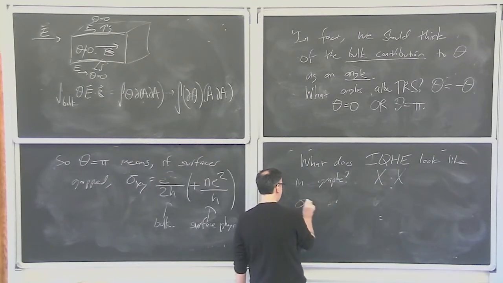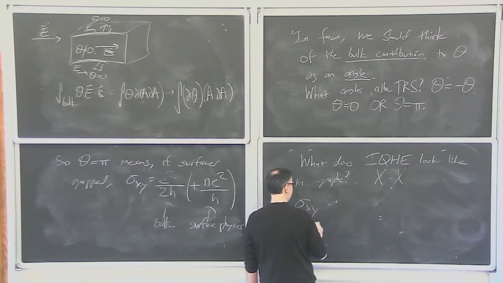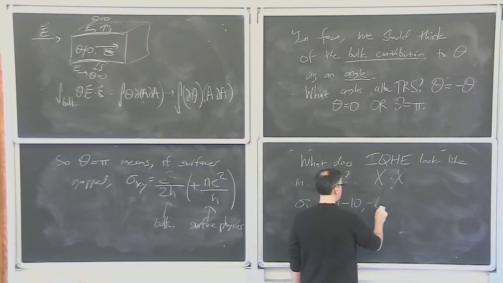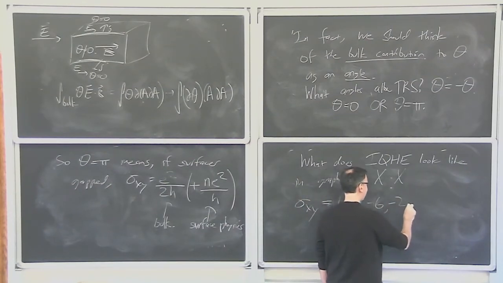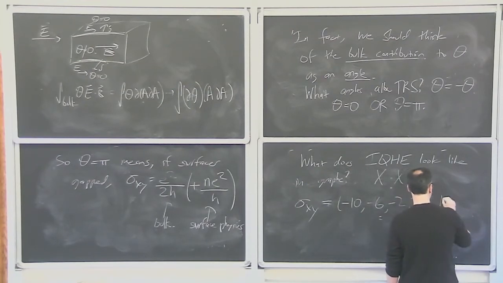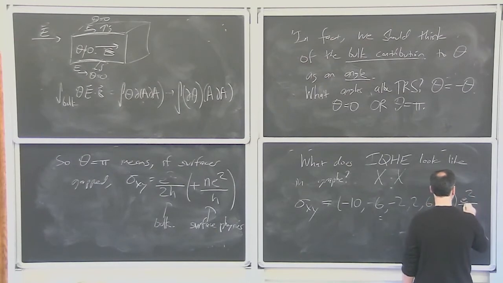And the answer is what you get is not 0, 1, 2, 3, 4 times e squared over h. At least if interactions are weak, you get something like this. You see plateaus at -6, -2, 2, 6, etc. So you see a funny set of integers.